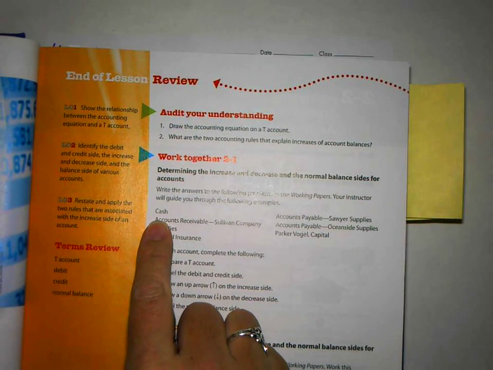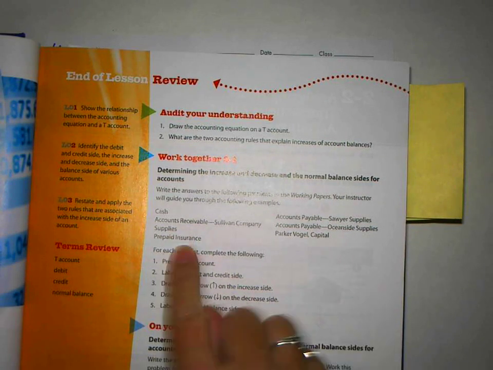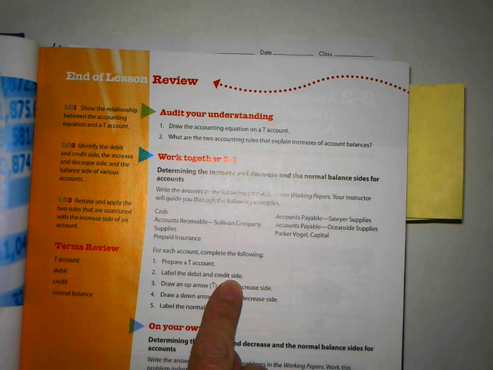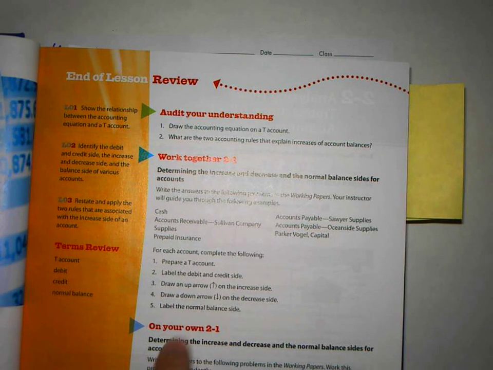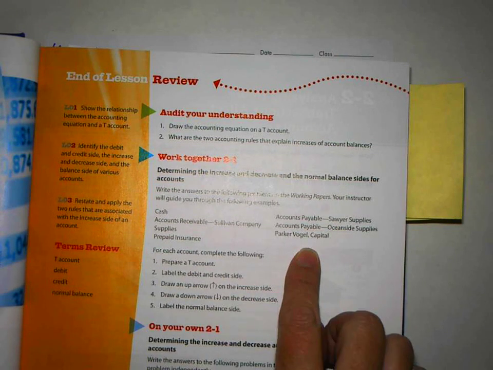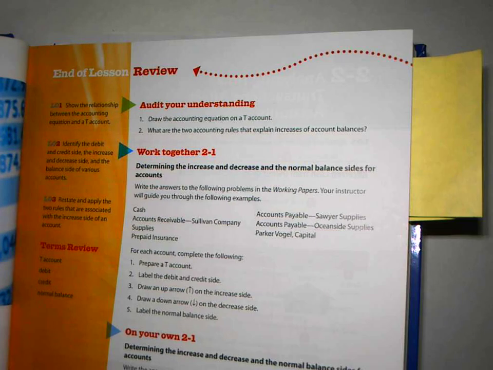And so we'll need to go through and add those account titles to all of our T's that are on the page. So we're preparing the T account. We need to label the debit and credit side. Debit's on the left, credit's on the right. Draw up arrows on the increasing side, down arrows on the decreasing side. We've been using pluses and minuses, so I'm good with just using that. And also label the normal balance side. So it's basically what we just did, but this one has some specifics with some names as well.